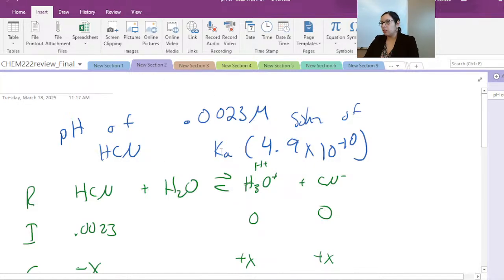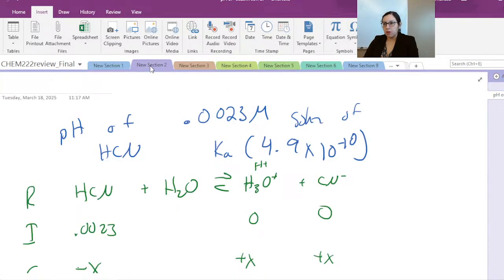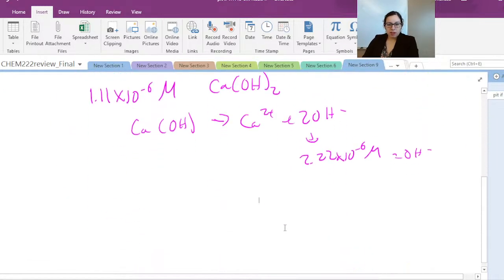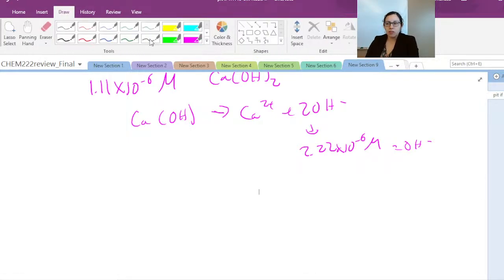Because we could still find the pH of a basic salt, right? We would have similar equilibrium. Does that make sense? It goes back to being a strong versus a weak acid, so it's just who dissociates.